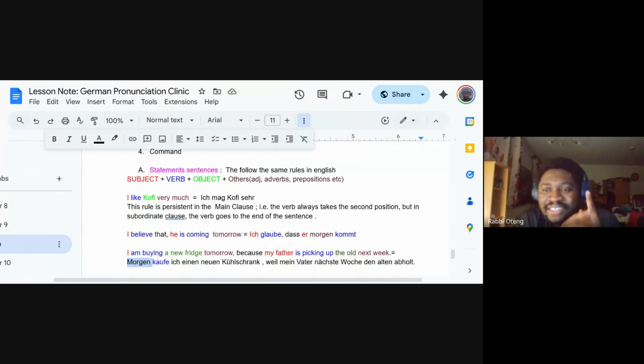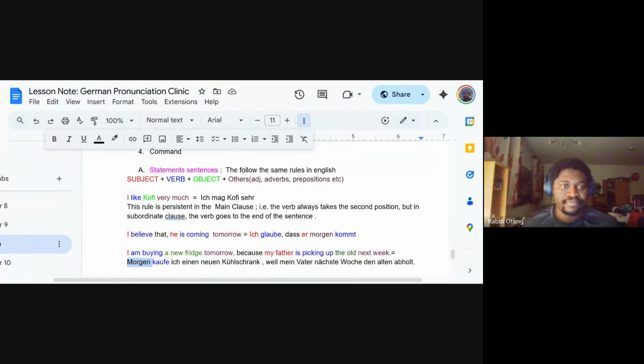But when you start with an object or an adverbial, remember that right after the verb the subject must come. So although it's flexible, the verb is stuck in the second position, and right after the verb we need the subject. Clear?